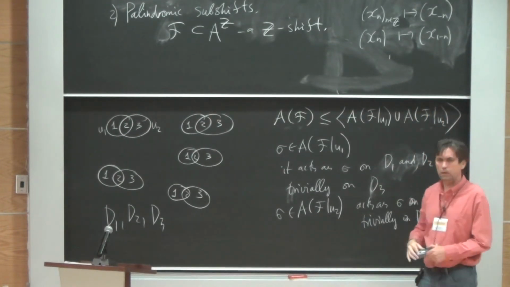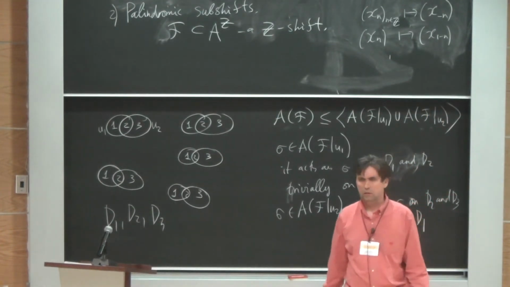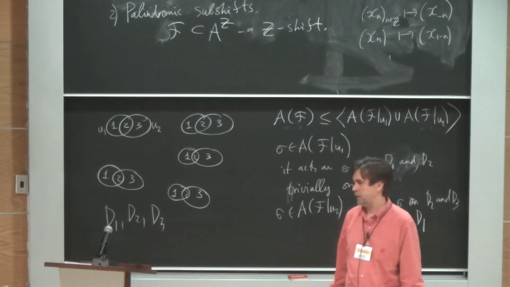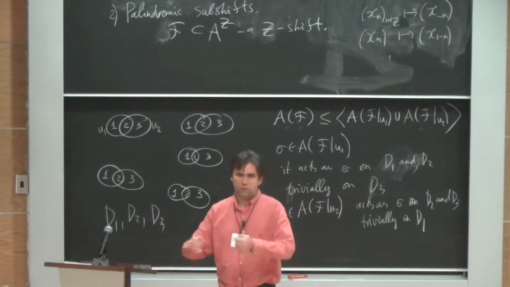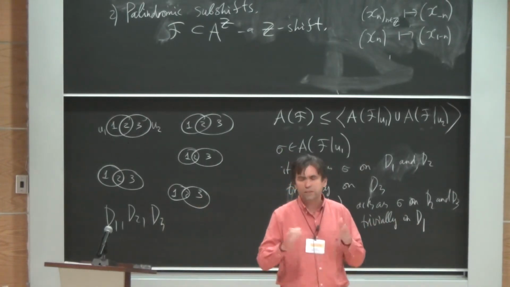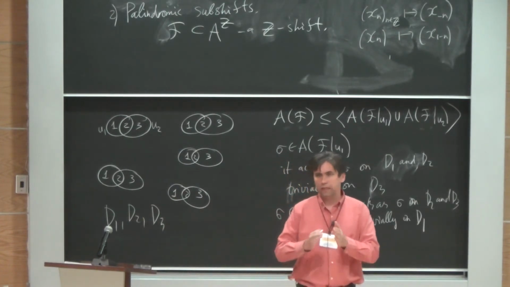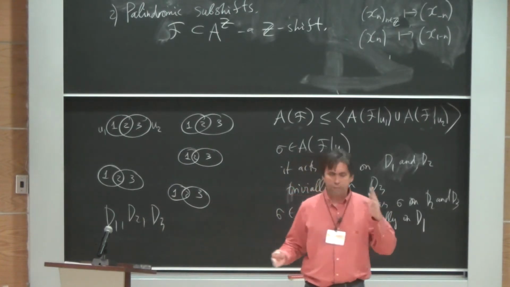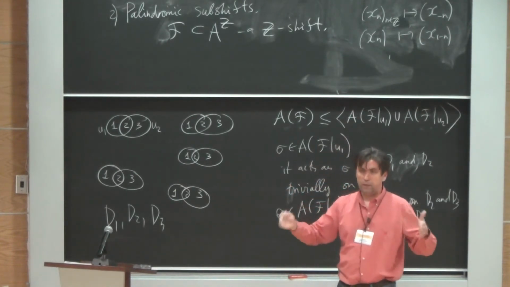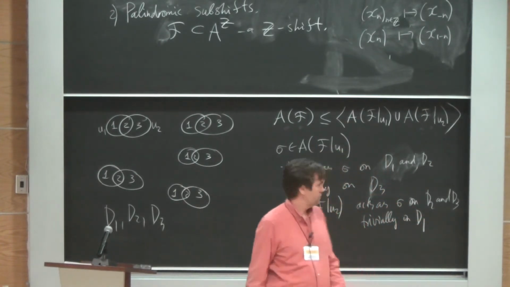If you have arbitrarily long palindromes, you can go to the limit. If the shift is minimal and has arbitrarily long palindromes, for a minimal shift, being invariant under a flip and having arbitrarily long palindromes are equivalent conditions.